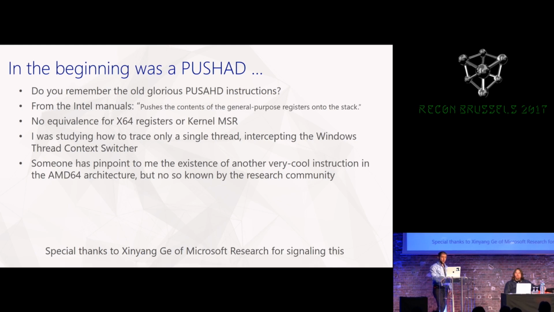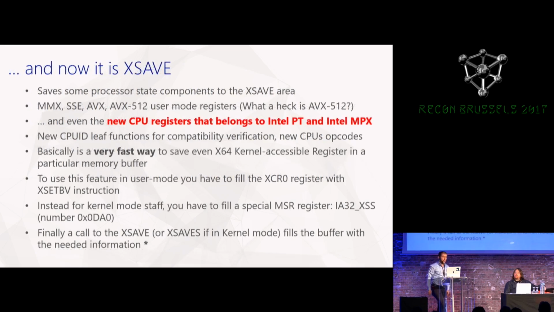Now, in a 64-bit environment, something like that doesn't exist anymore. But Intel has made this new cool instruction called XSAVE. XSAVE is a new opcode in the AMD64 instruction set that basically saves some extended registers, registers that belong to the Intel architecture, on a specific area.